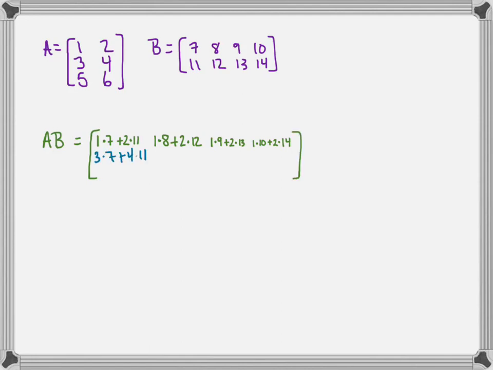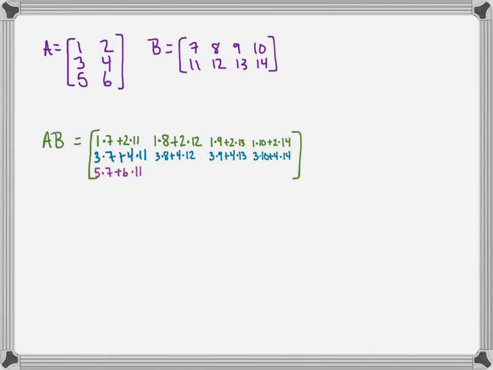In the second row, 3 times 7 plus 4 times 11, 3 times 8 plus 4 times 12, 3 times 9 plus 4 times 13, and finally 3 times 10 plus 4 times 14.